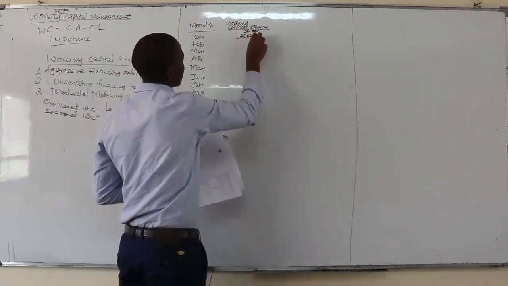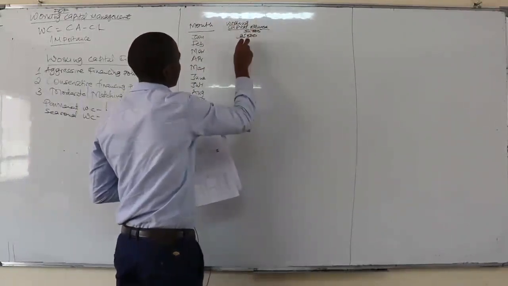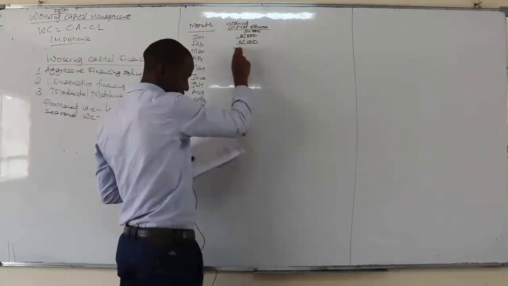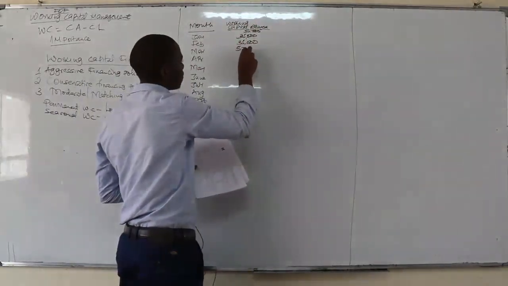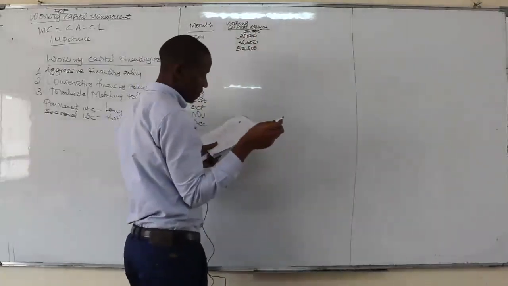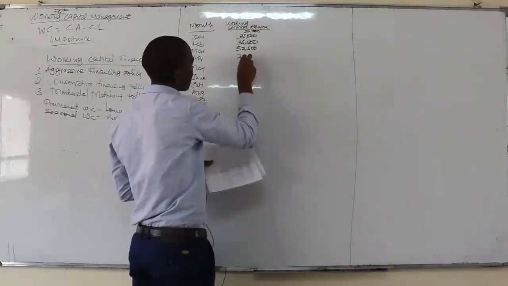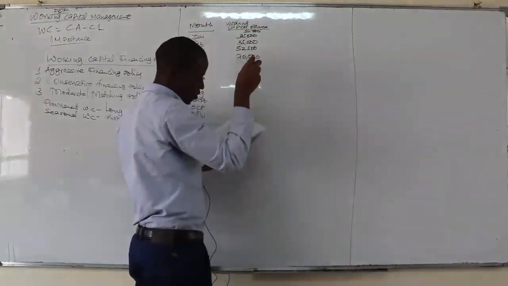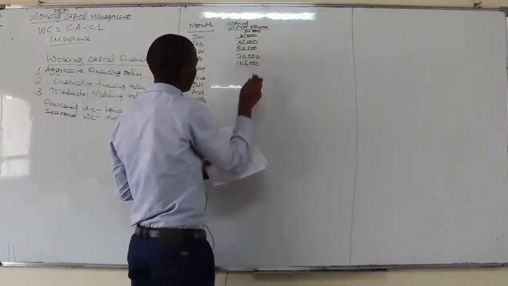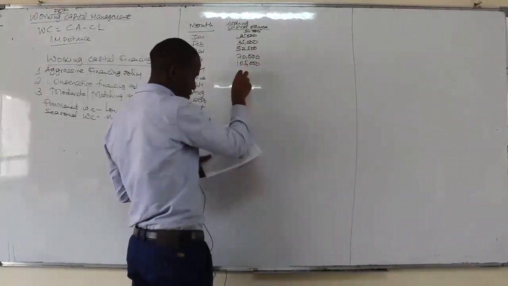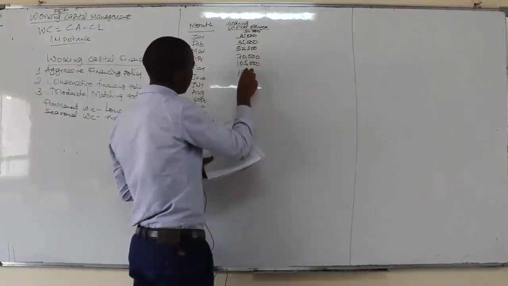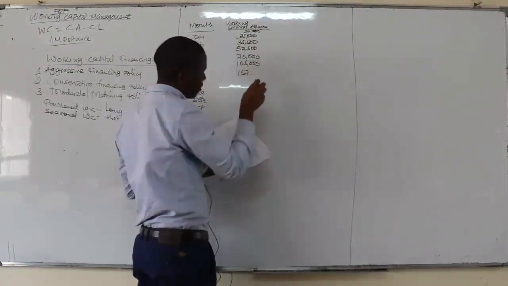For January, 35,000. The other one is 52,500. This one is 70,000. This one is 105,000. June is 157,500.